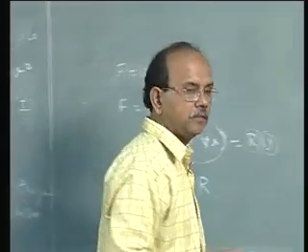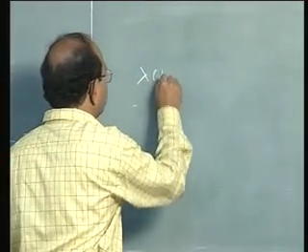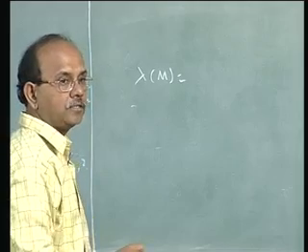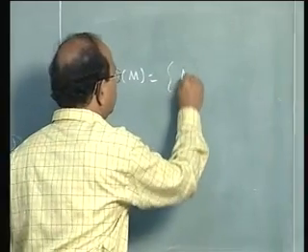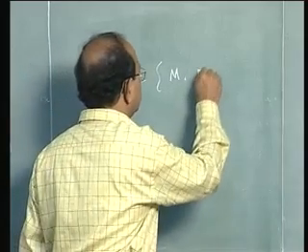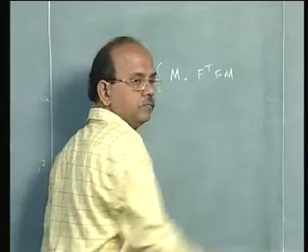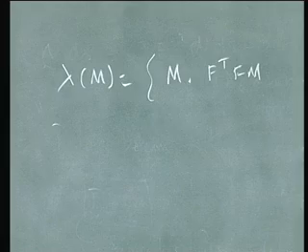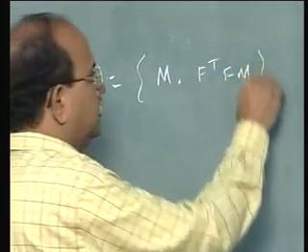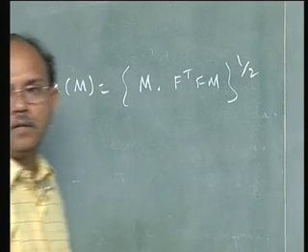Remember what the stretch was, lambda of m, we wrote like that, if you remember. So that was m dot F transpose F m, whole power half.